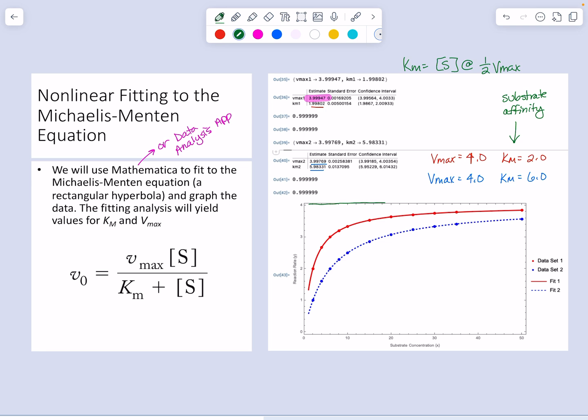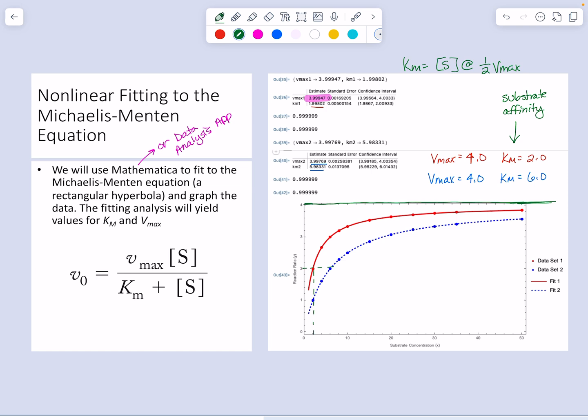We've not gone high enough in concentration to show that in the data. So half of that rate is going to be 2, and that is what our Km is.